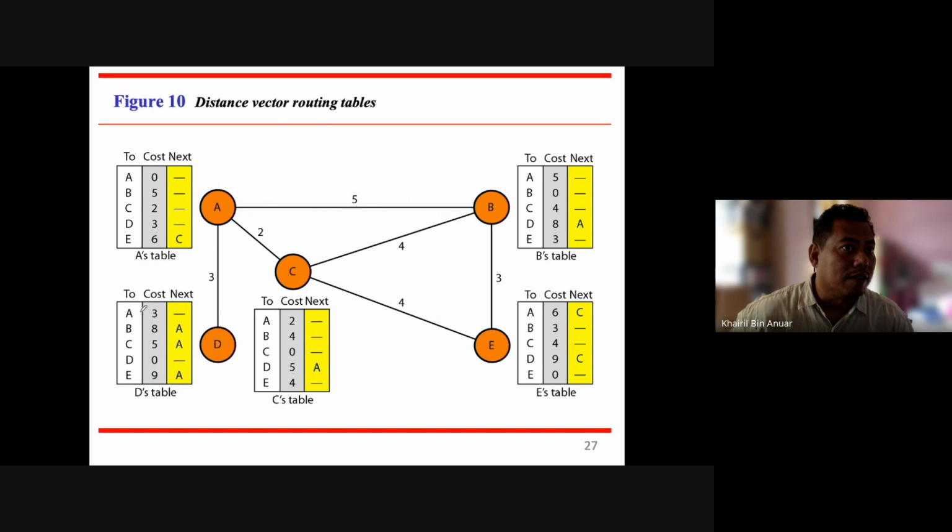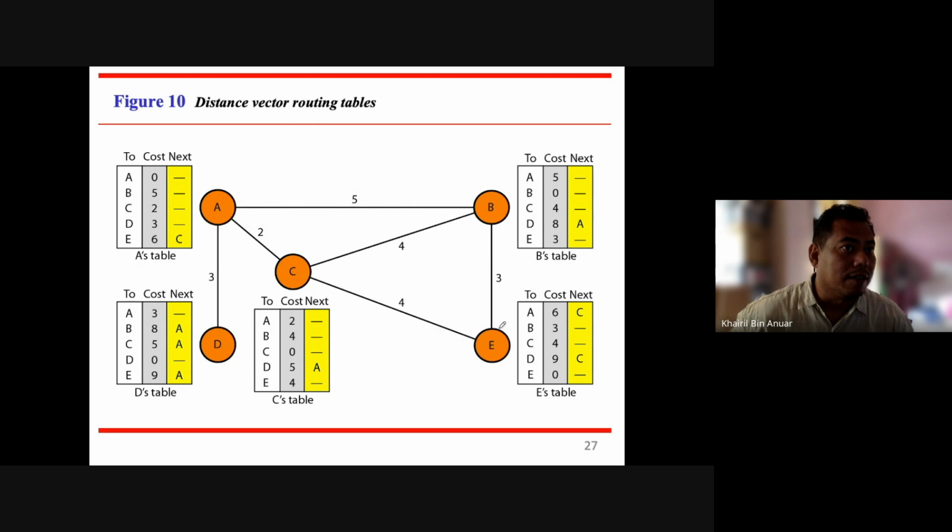Going to A is direct, but for the rest, B, C, and E, with different costs, you need to go to A first. So from D you go to A so that you can reach B, C, and E. Whereas for E, for instance, you can go to B and C, which are direct connections, and then going to A, you need to pass through C.